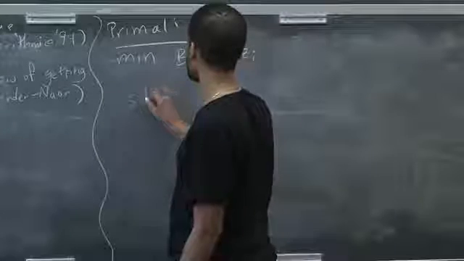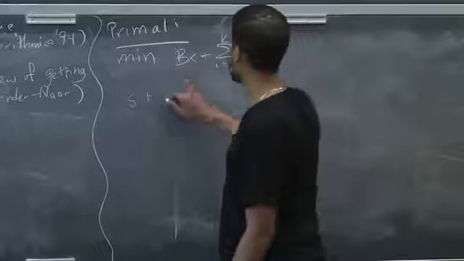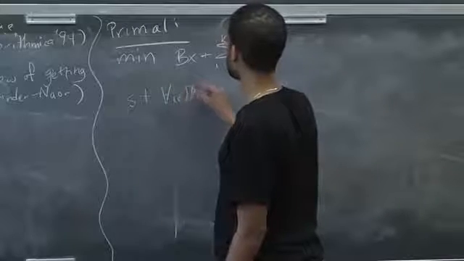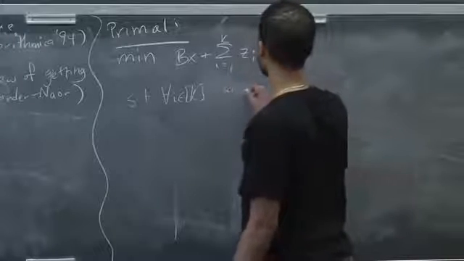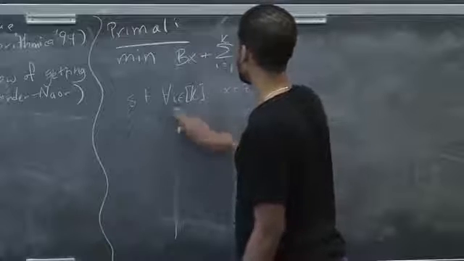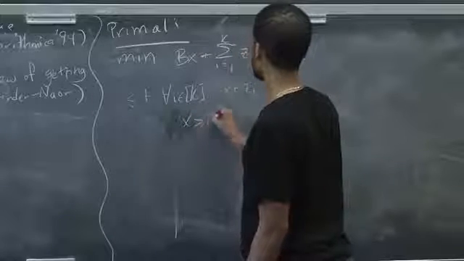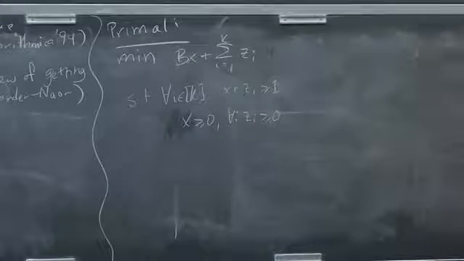And there are the constraints. One constraint is that for all days i, we had to either have rented or bought. And also x is at least 0, and for all i, zi is at least 0. So this is a covering LP.